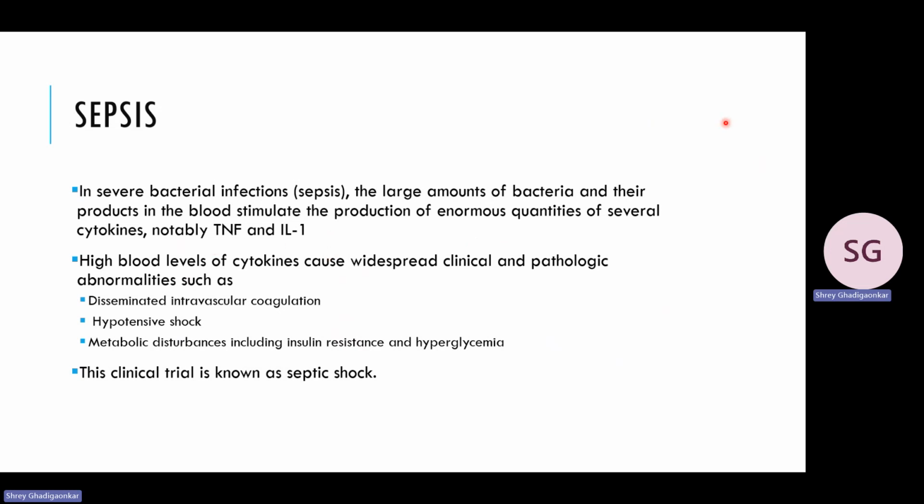And in the worst cases, sepsis can transform into what is known as septic shock, which is characterized by high blood levels of cytokines, and clinically this may be associated with disseminated intravascular coagulation as well as hypotensive shock and other metabolic disturbances like insulin resistance and hyperglycemia.